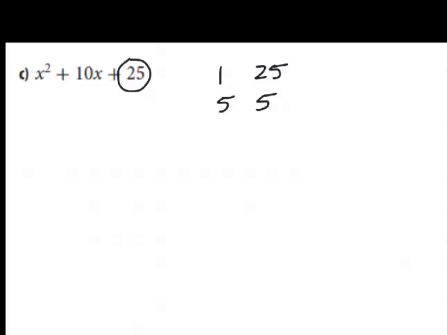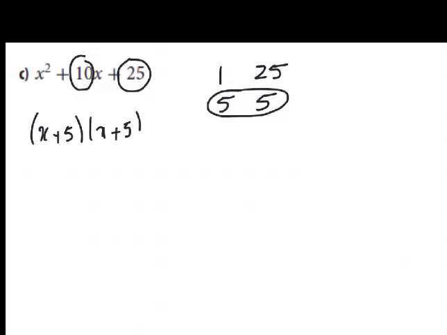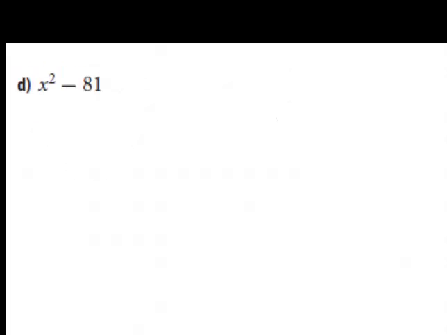Now between these two pairs, I have to find the one with the sum equal to 10, and this is the candidate 5 and 5. So I get (x plus 5) times (x plus 5), which is the same as (x plus 5) squared.